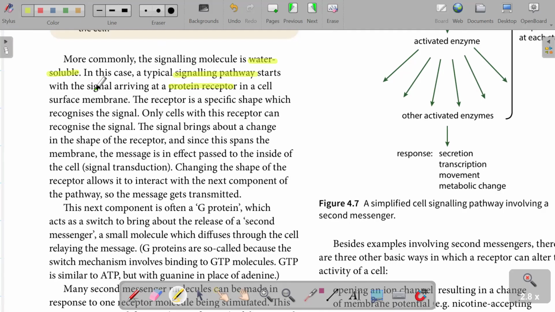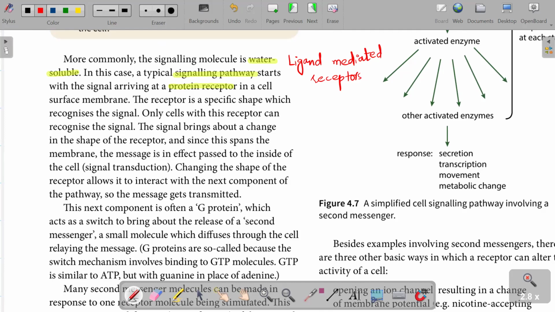Ligand mediated receptor. They receive the ligand. These receptor proteins can also be named ligand mediated receptors, because they are providing a response to the ligands.